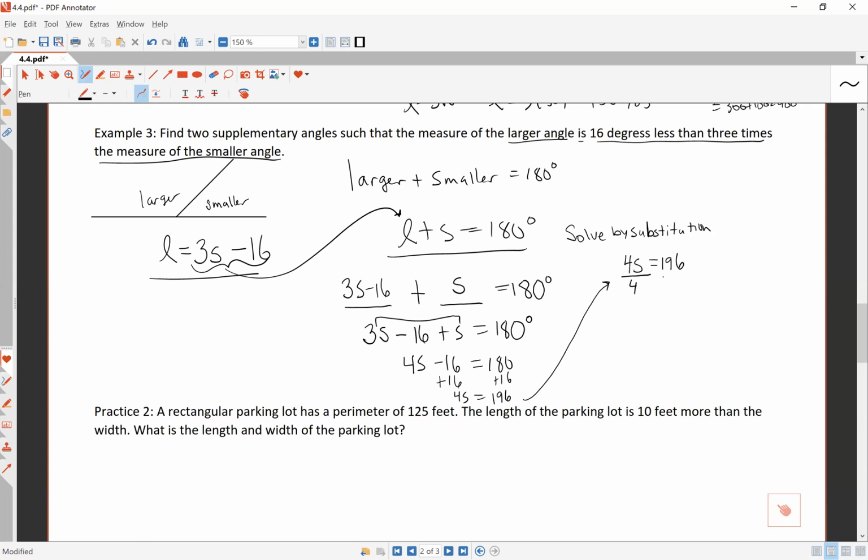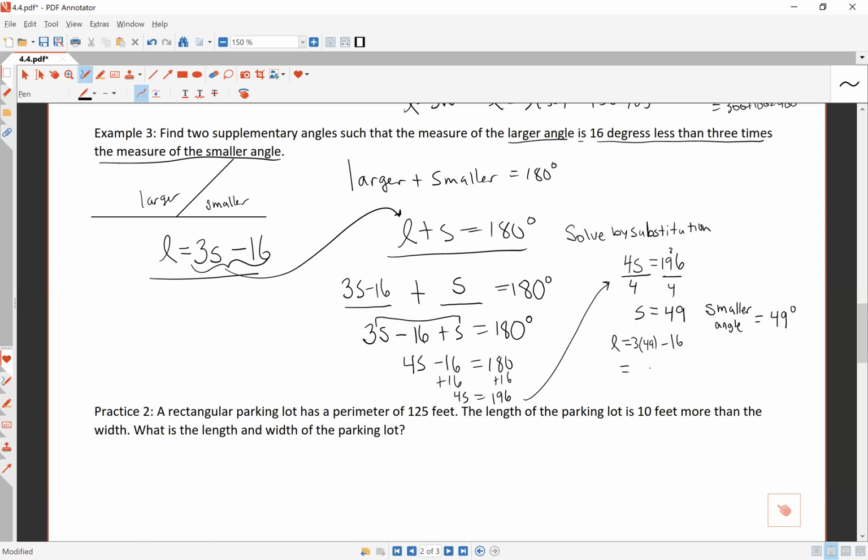Divide both sides by 4, which gives us s equals 49. The smaller angle is 49 degrees, and the larger angle is 16 less than 3 times the smaller.